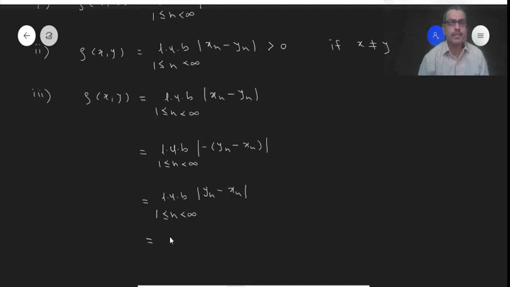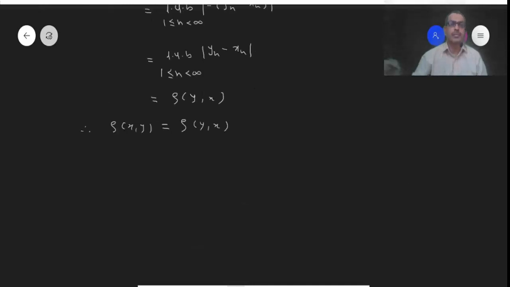That is equal to rho of yx. That is, here rho of xy is equal to rho of yx. That is, the third condition of the metric space is also satisfied. Now the fourth condition.